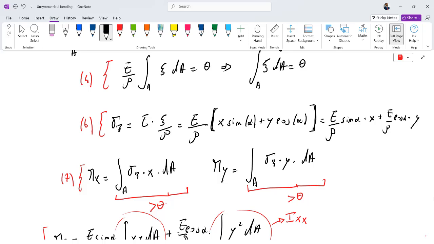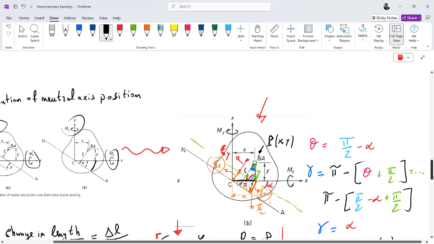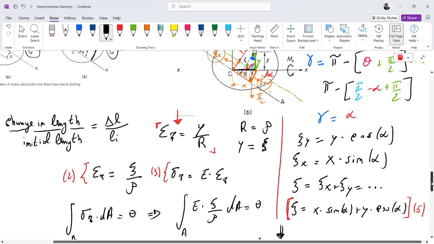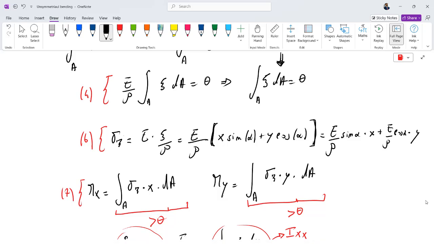X and y I know, because someone gives me the coordinates x and y of the point P and of the infinitesimal area delta A. But E divided by rho times sine alpha and E divided by rho times cosine alpha, what is the value of these quantities?